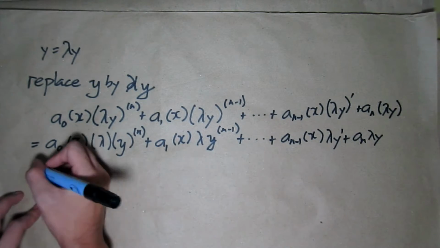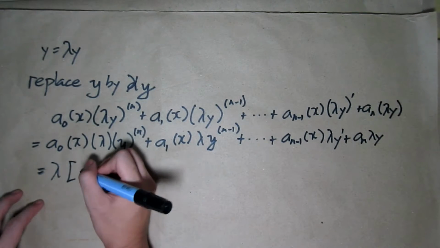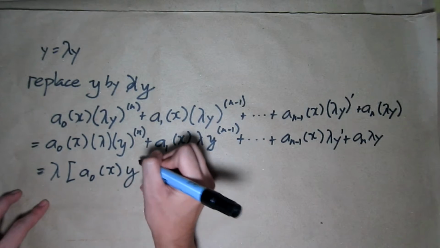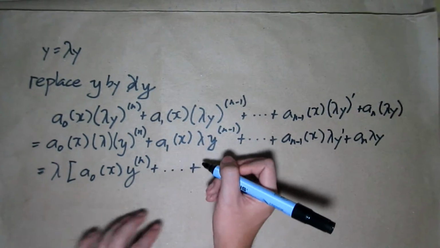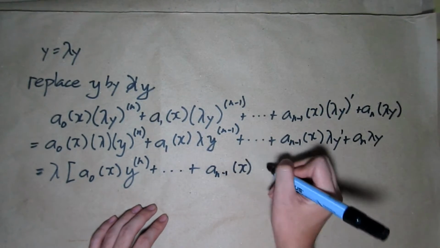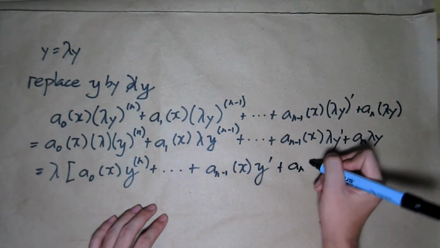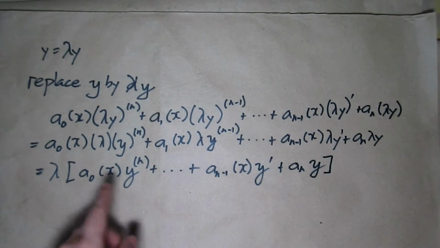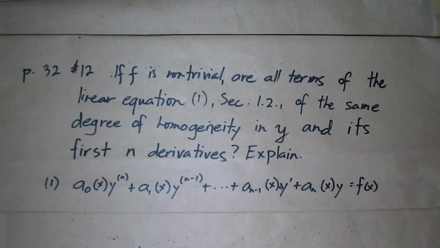So let's proceed. Now this is equal to lambda times the quantity a sub 0 of x, y to the power of n, plus a sub n minus 1 of x, y prime, plus a sub n of y. Looks familiar? Of course it is, because it's just the original.